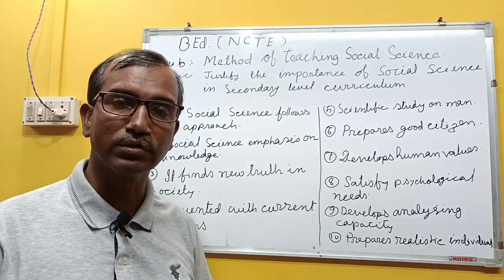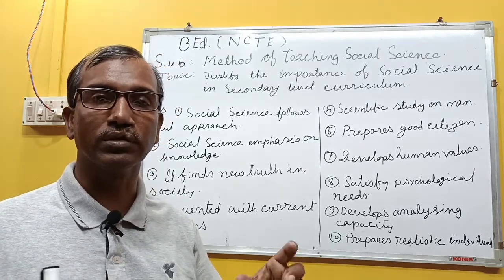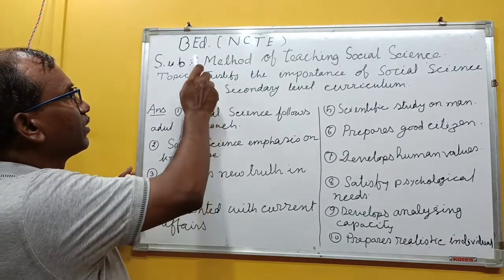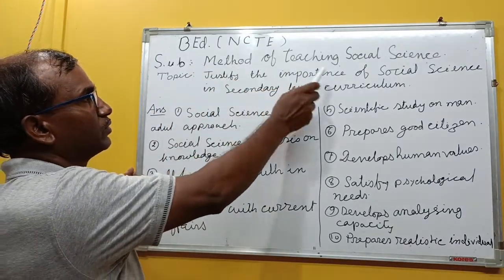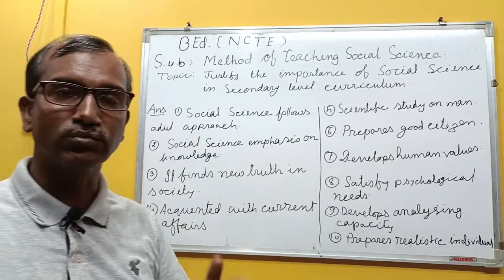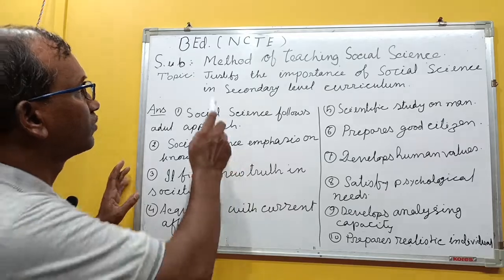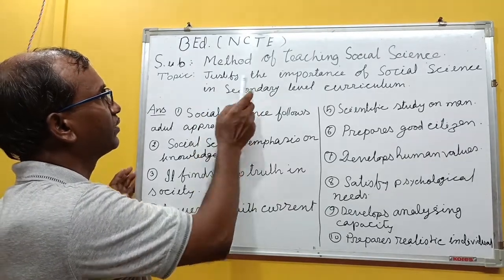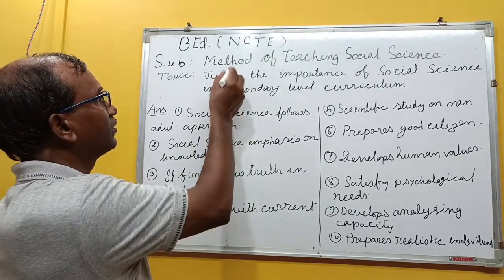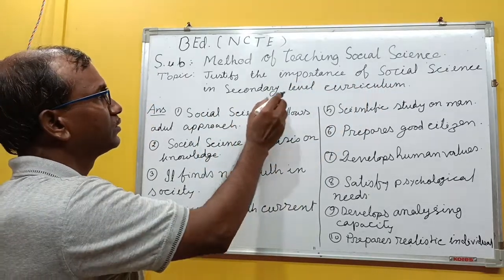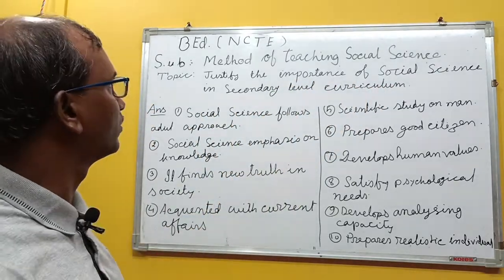So dear trainees of different universities and different colleges, you remember, under B.Ed method of teaching social science is one of the very important subjects in which the question like justify, you should justify the importance of social science in secondary level curriculum.